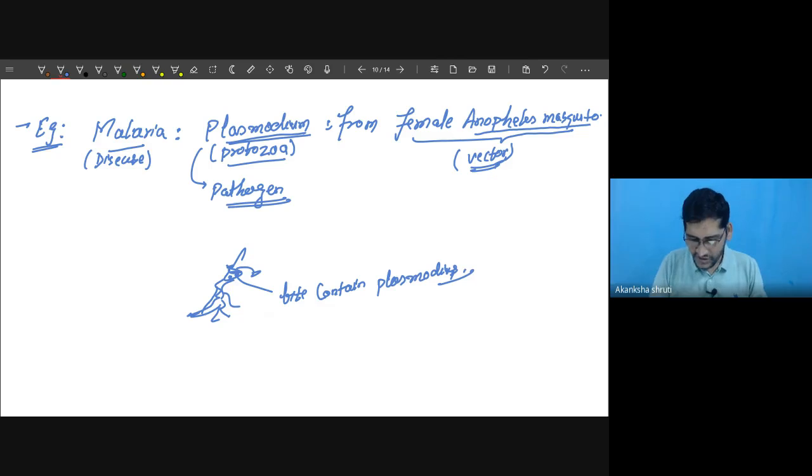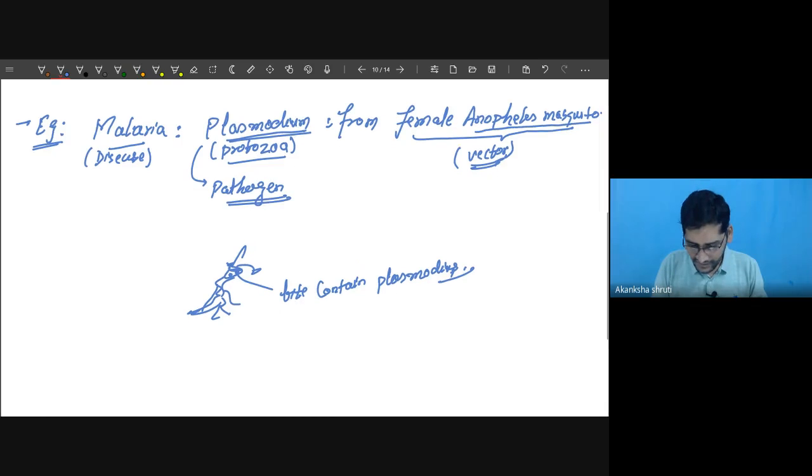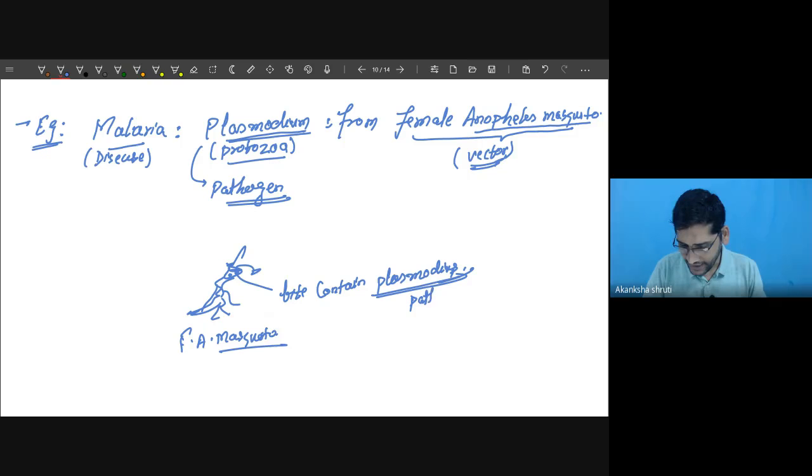But this entire organism is your female Anopheles mosquito. So this mosquito possesses this plasmodium or protozoa. So this protozoa is your pathogen and this mosquito is your vector.